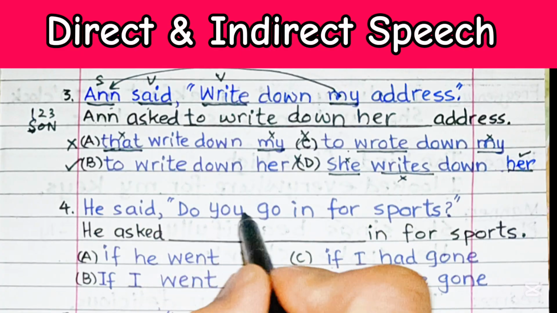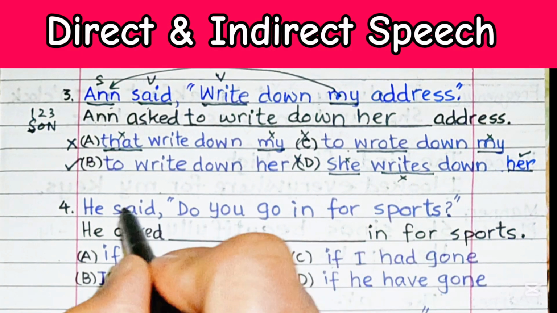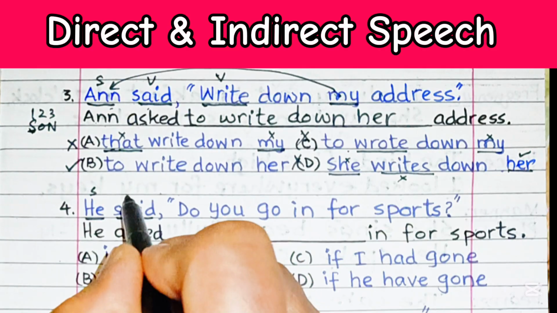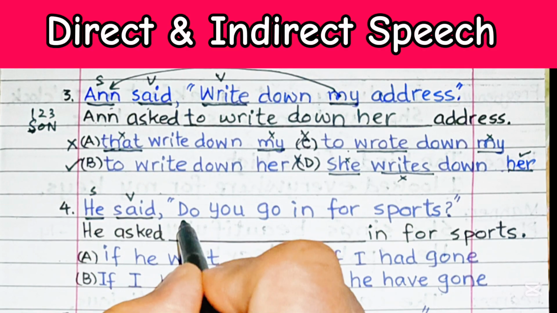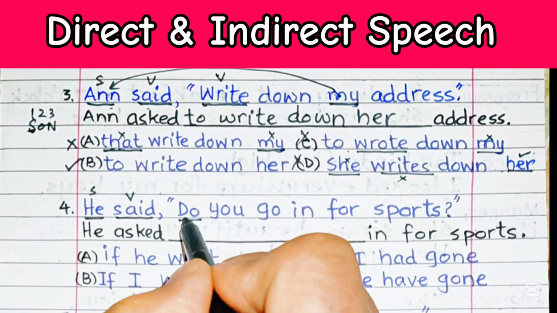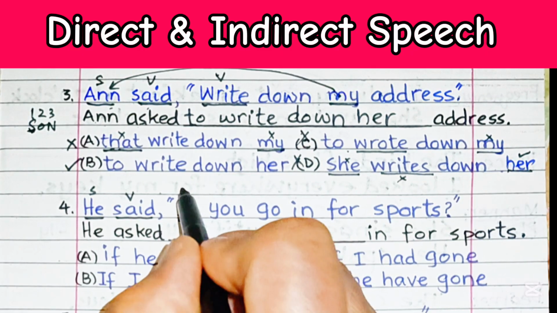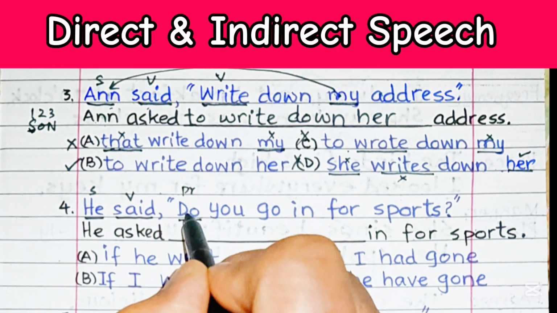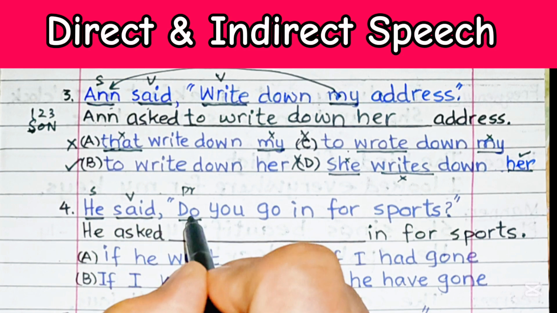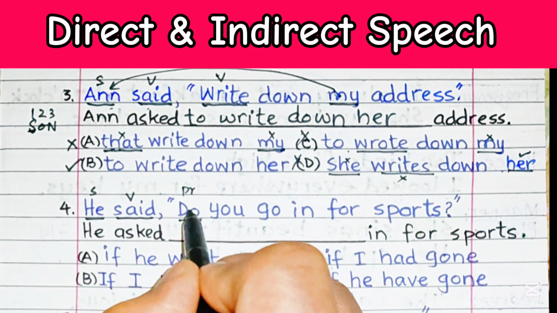He said, do you go in for sports? He is the subject of the reporting speech and said is the verb, that is in past, and this is a question that starts with do, so this is the present form of the verb, so this is present tense. If there is past tense in the reporting and the present in the reported, it gets converted into past.